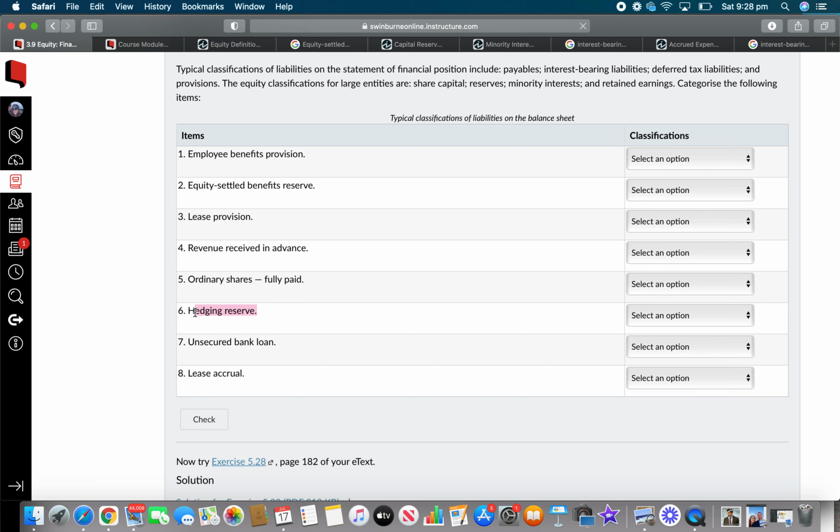You will learn more about accruals, but an accrual is something where you're recognizing an expense now, but it's not yet paid.